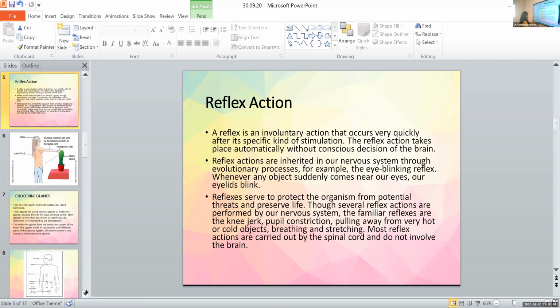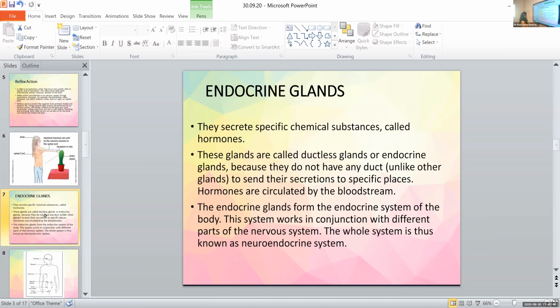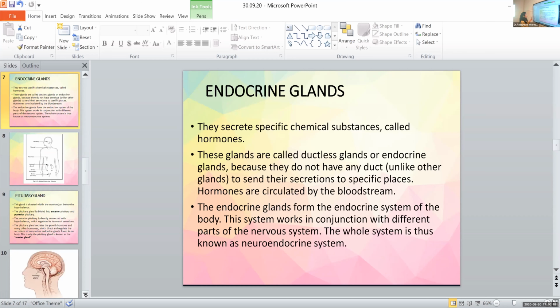Then we saw the endocrine glands. They are the ductless glands, and they directly produce secretions into the bloodstream. They produce chemical substances known as hormones. Then we have the hypothalamus, which has a close connection to the endocrine glands. Together the nervous system and the endocrine system are known as the neuroendocrine system.